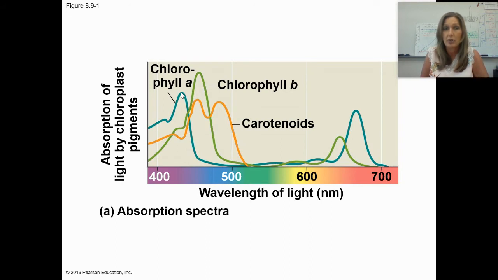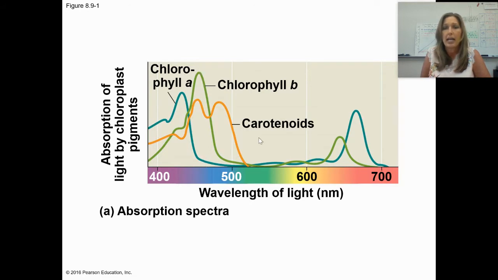If I wanted to increase growth in this plant that had chlorophyll A, I'd want to make sure that it got plenty of this wavelength of light in order to be able to absorb that light and drive the light reaction. Chlorophyll B is going to be absorbing light within this range, but it's most effective at absorbing this wavelength of light. If I go from the highest peak down here, that's at about 460, 470-ish is where that would be.